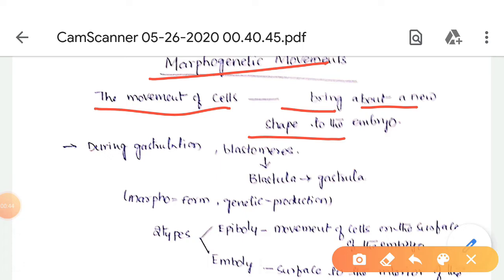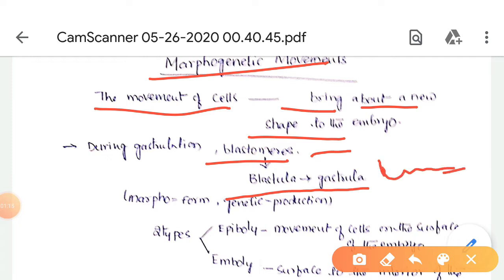During gastrulation the blastomeres move from one place to another, and these cell movements transform the blastula into gastrula, as they lead to the formation of a new shape to the embryo.